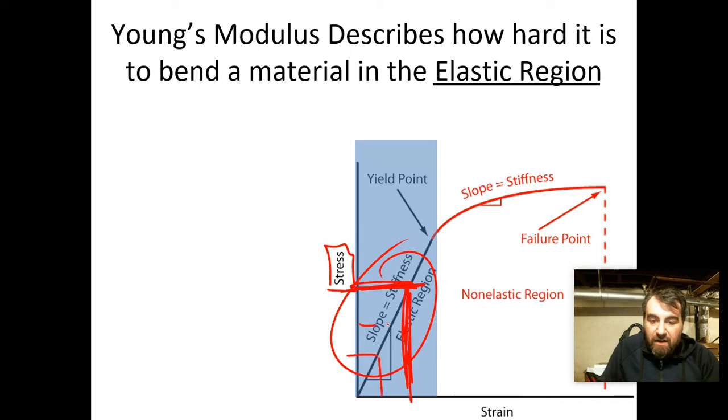Any point up to the elastic deformation zone is great. This point right here is a bad point, because that's after the straight line. You want to pick somewhere on the straight line. It doesn't matter where.